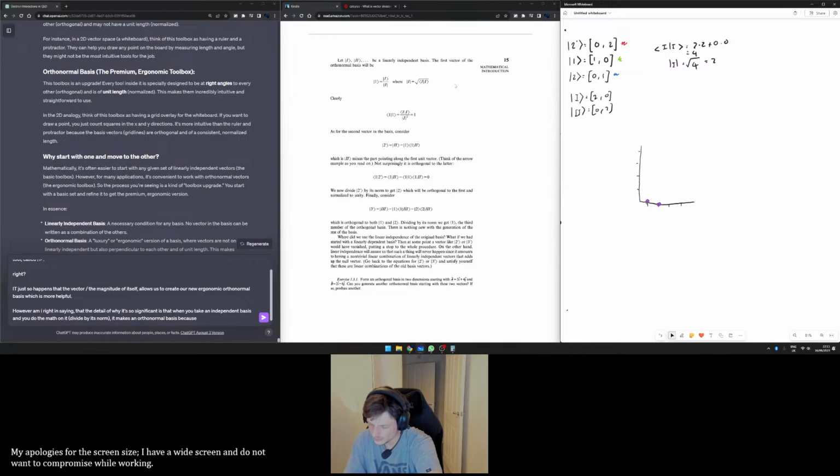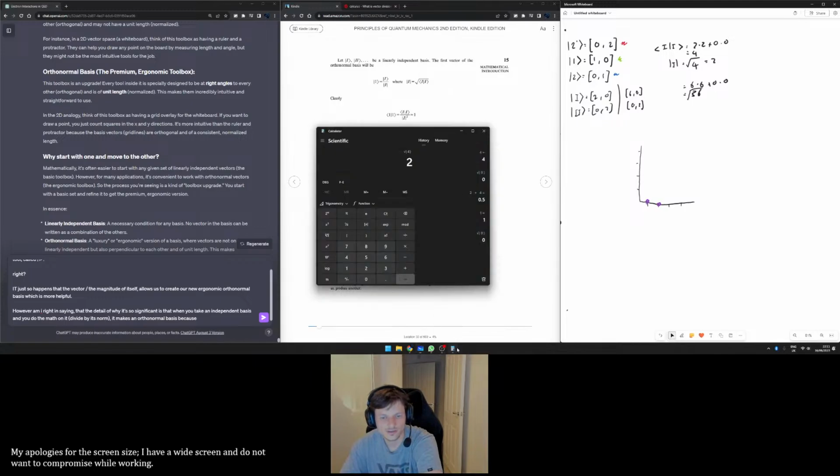Let's now try this with different numbers. If I did this with 6, right? Let's do that now. 6, 0. Then it's going to be 6 times 6 plus 0 times 0, which is 36. And then the square root of 36, what is that? 6, I guess.